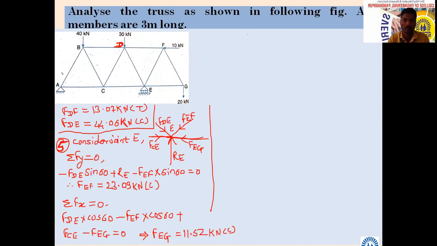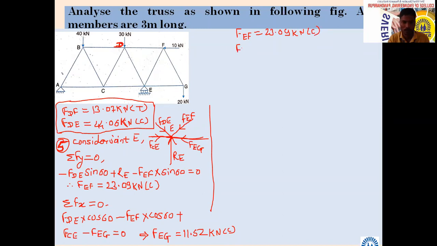Which are they? I will write them. FEF and FEG. FEF equal to how much? 23.09 kilonewton, which is compressive.